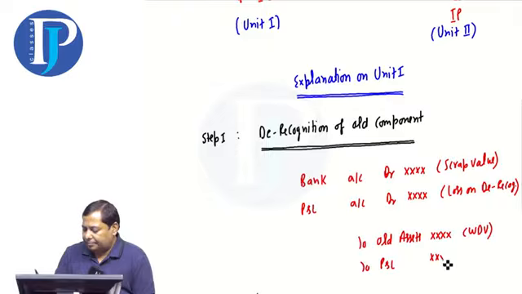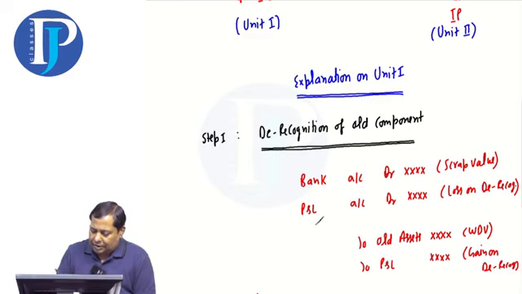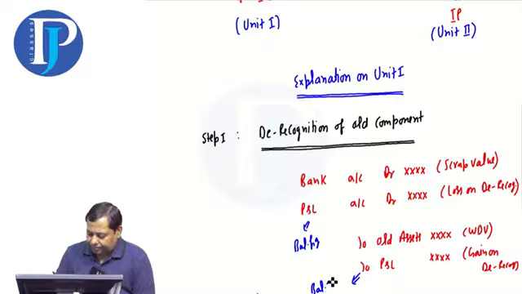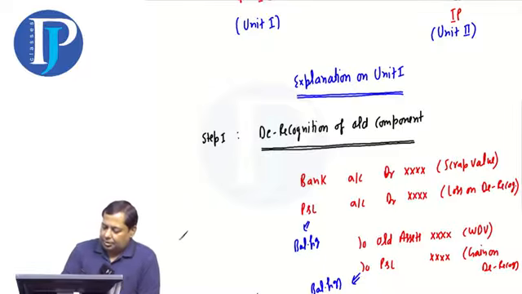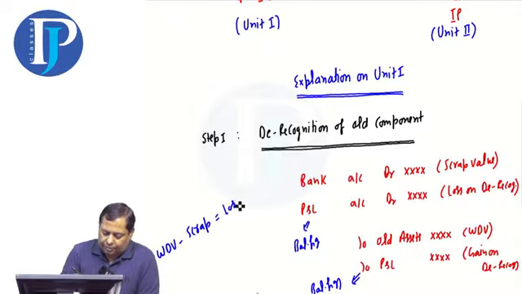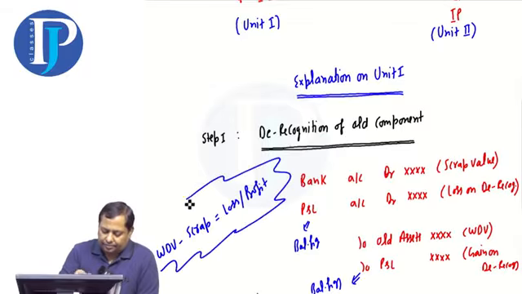To P&L, gain on the recognition. So here the balancing figure will come. Meaning WDV minus scrap is equal to loss or profit. So we are doing this.